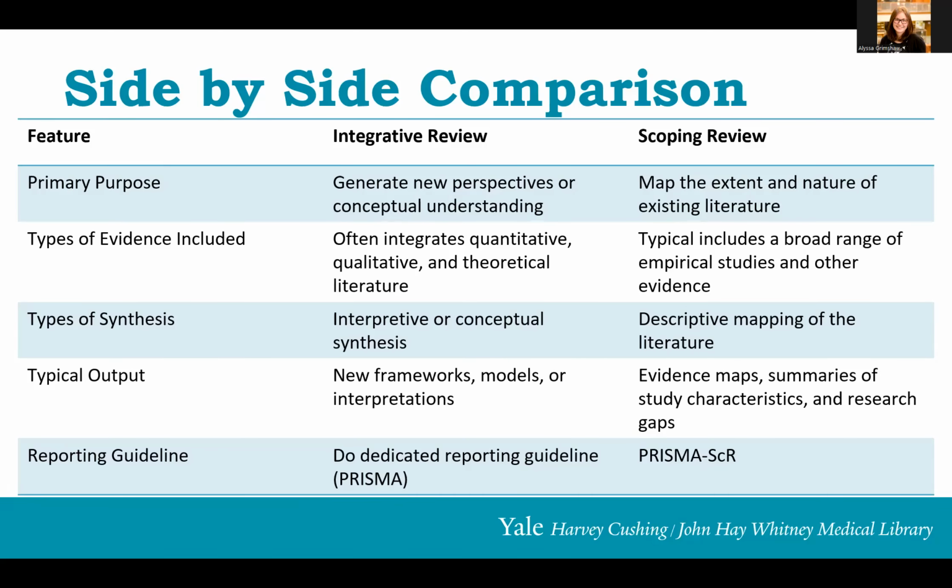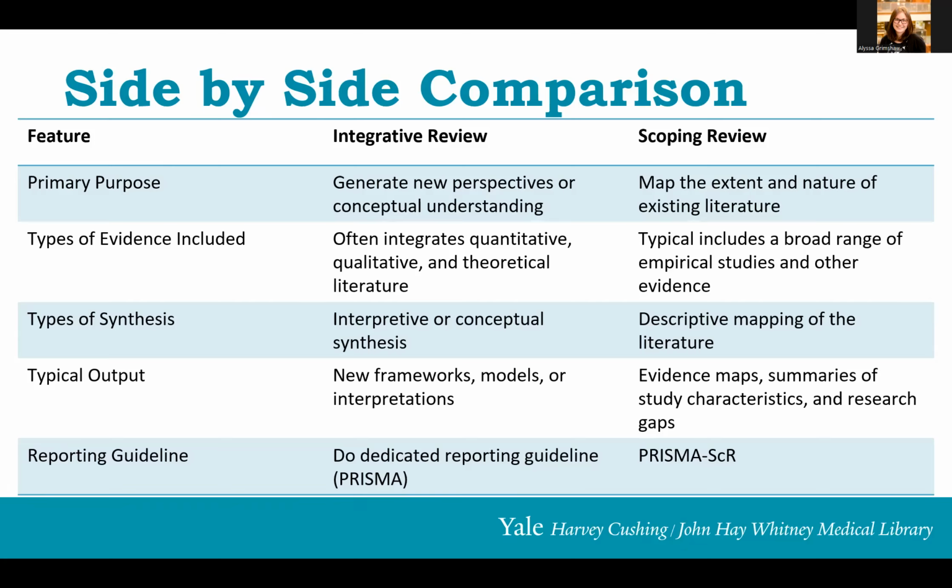This table highlights several different dimensions where these two review types differ. First is purpose. Integrative reviews aim to generate new conceptual insights, while scoping reviews focus on mapping what research already exists. Second is the type of evidence included. Integrative reviews intentionally bring together multiple forms of knowledge, including theoretical and conceptual literature. Scoping reviews also may include a wide range of evidence, but typically focus on describing studies rather than integrating them conceptually.